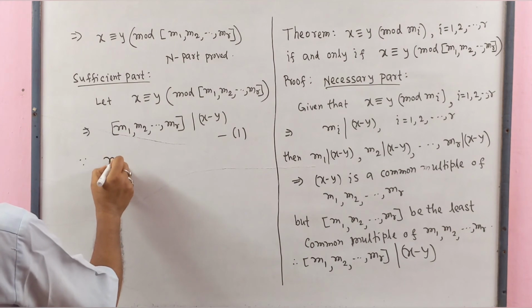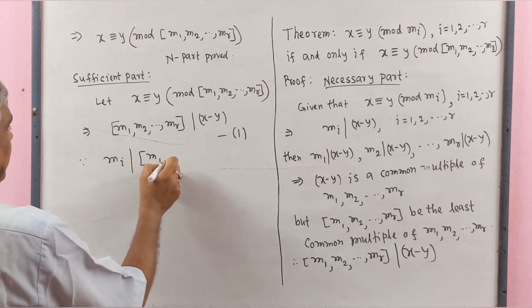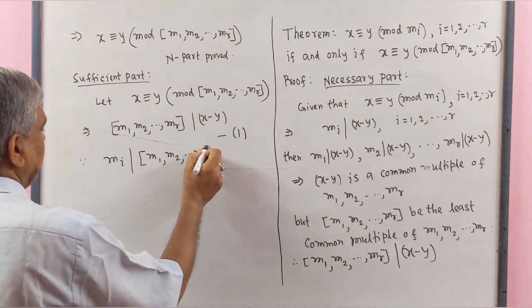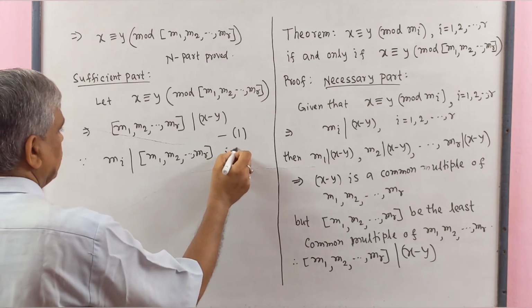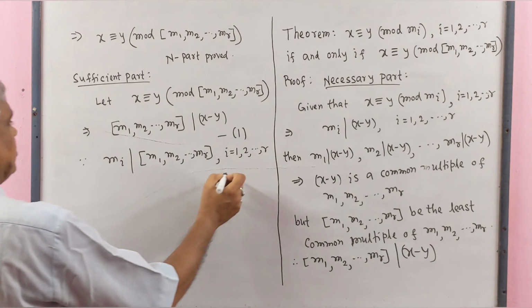Since mi divides LCM of m1, m2, ..., mr, i equal to 1, 2, ..., r. This is number 2.